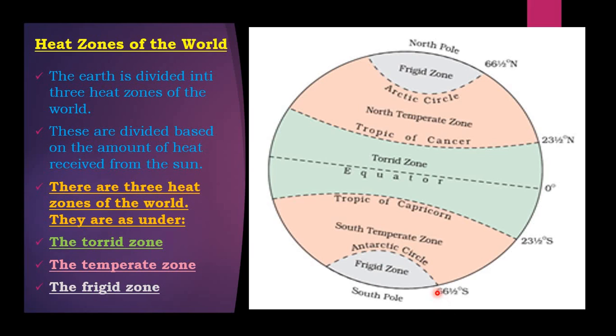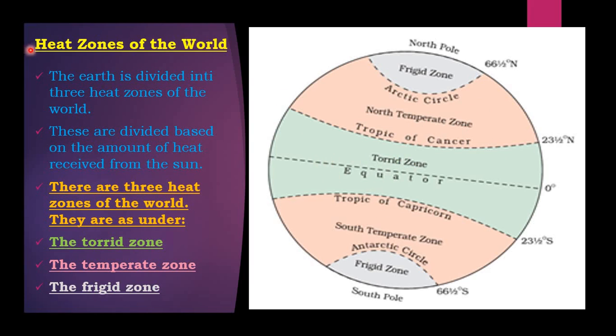This is 66.5 south, the Tropic of Capricorn is 23.5 south, and the equator always remains at 0 degrees. And once again the Tropic of Cancer, 23.5 north, and the Arctic Circle, 66.5 north. So this is the globe or the earth in another way. So this is how the earth has been formed.